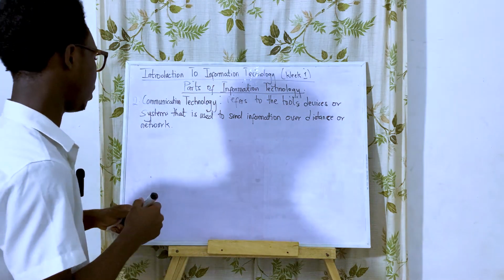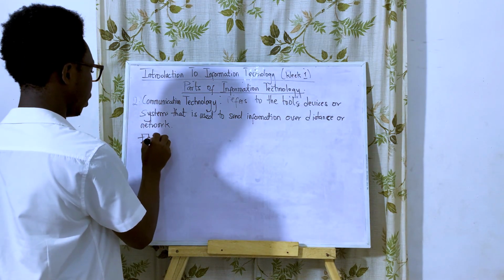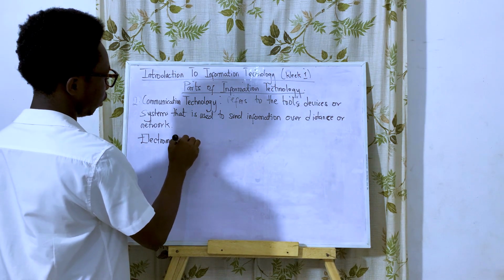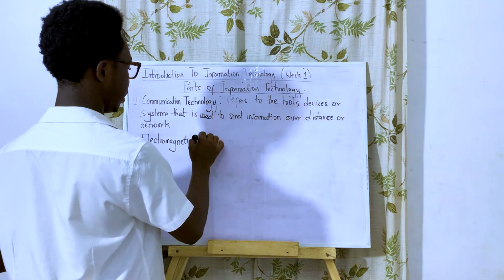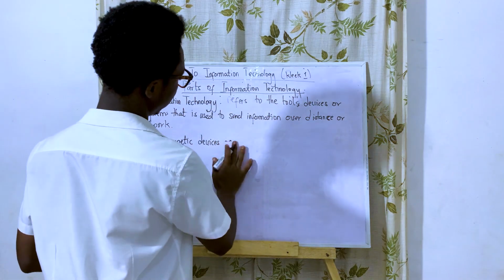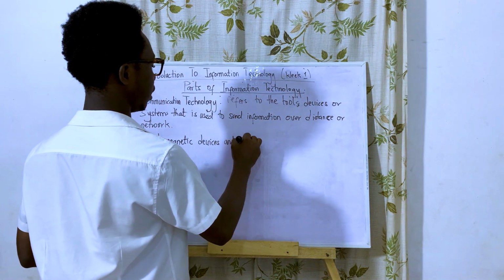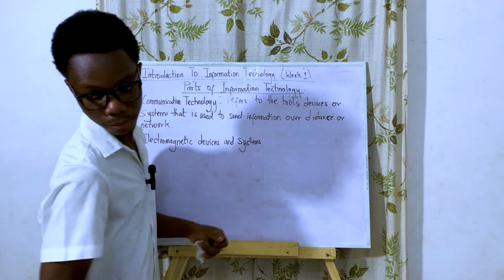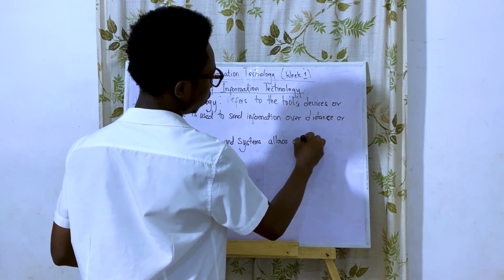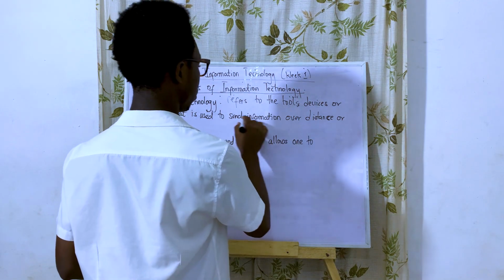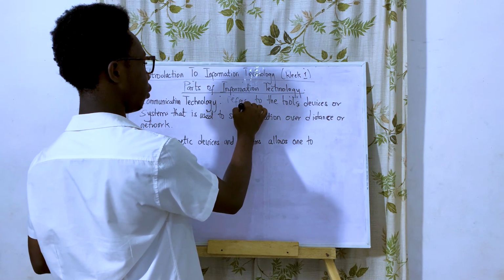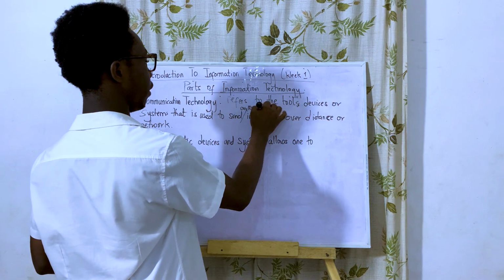So let's explain this electromagnetic. Electromagnetic devices and systems allow one to send or receive information, right?